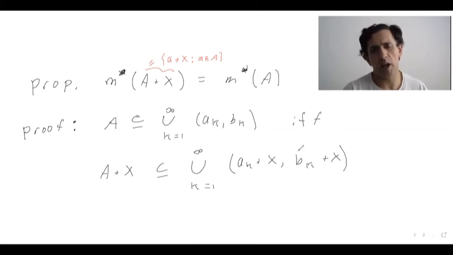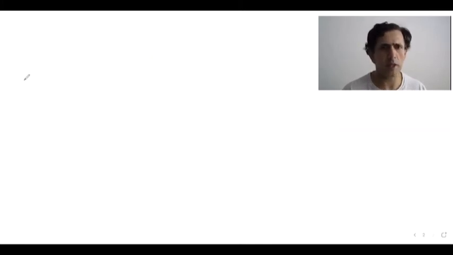Right. And yeah, there's not much really to this. Just check yourself if there's any doubt. So what does this mean? Well, the outer measure of A is the infimum, I'm just rewriting the definition here. And again, this could be a finite sum if we have a finite cover.